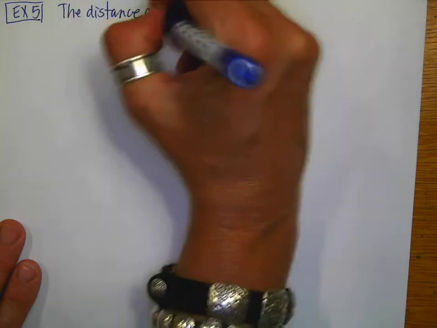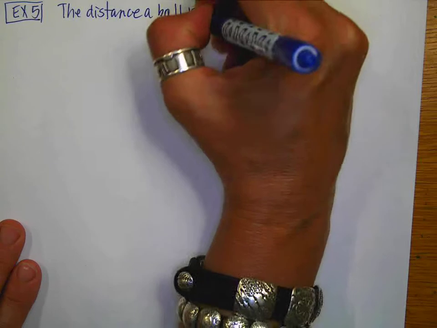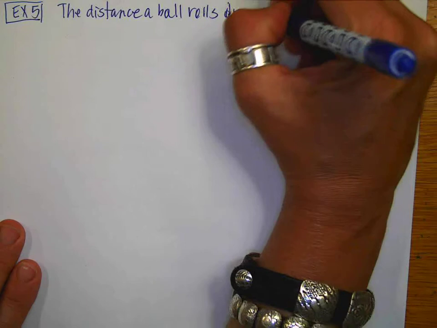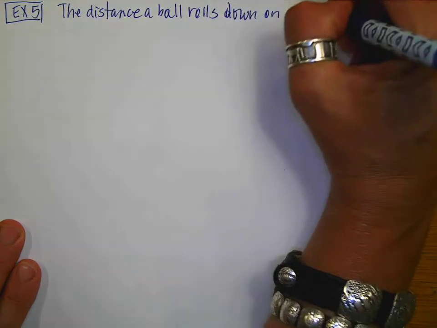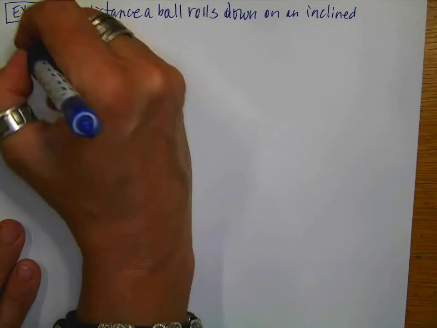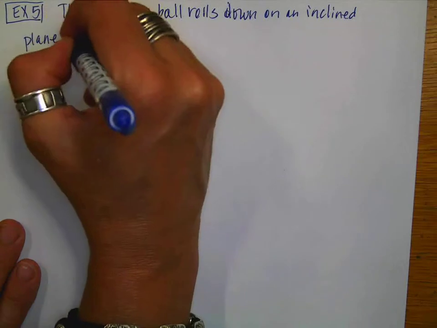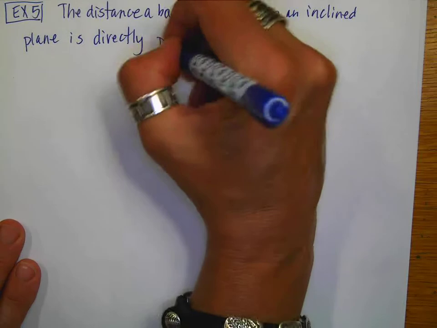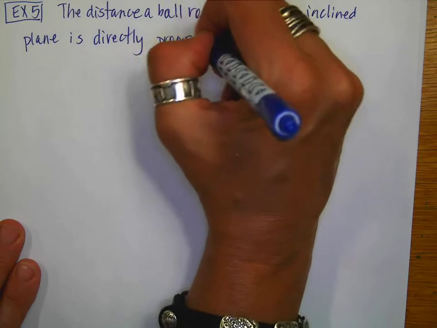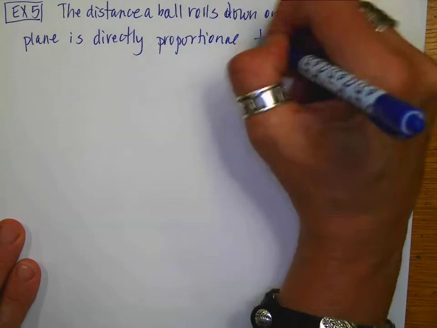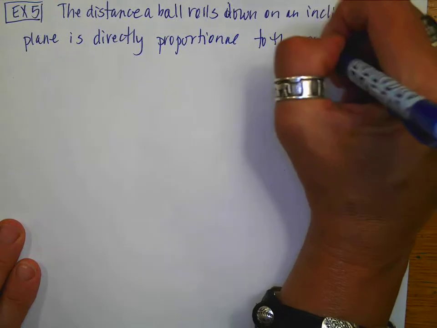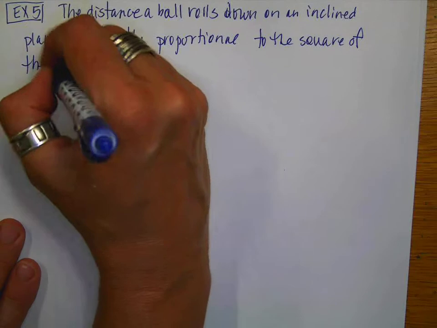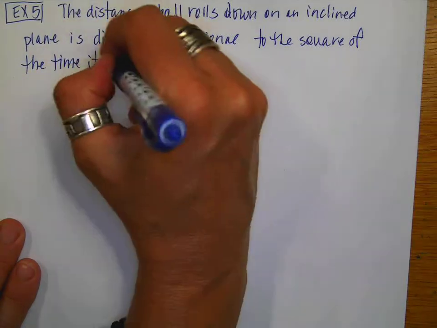The distance that a ball rolls down an inclined plane is directly proportional to the square of the time it rolls.